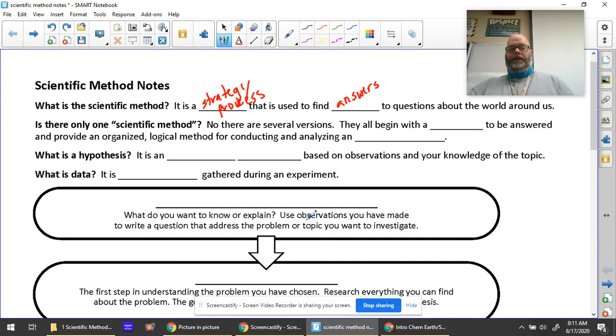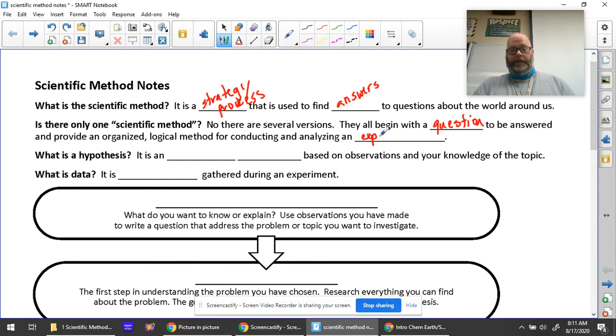No. So we try to use general terms when we talk about the steps of the scientific method. There are several versions, but they all begin with something that you're wondering about, or a question that you're trying to solve. It's something that needs to be answered. And it provides an organized, logical method for conducting and analyzing an experiment.